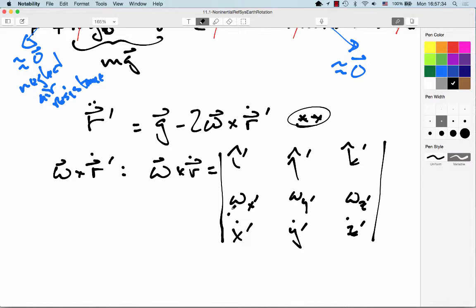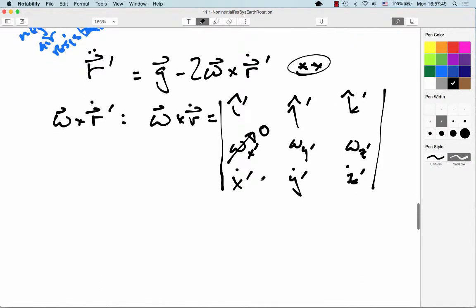And remember, we said omega x prime was 0 because there's no component of the rotation vector in the eastward direction. So that'll make taking the cross product go a little easier.